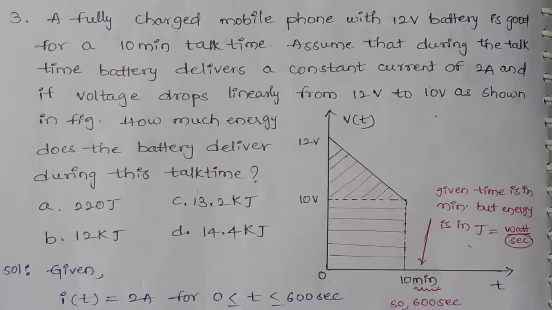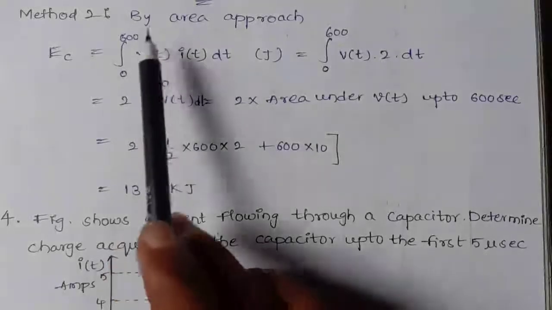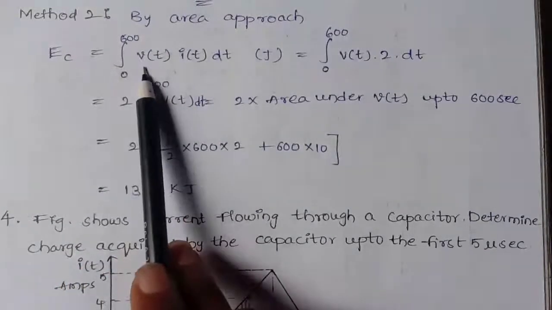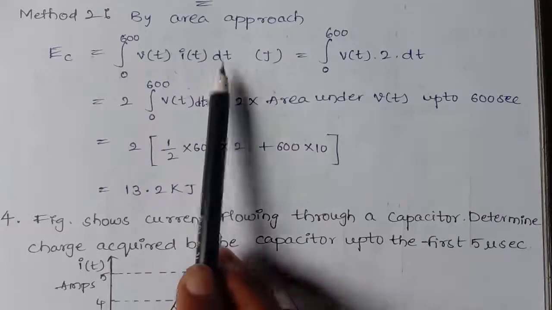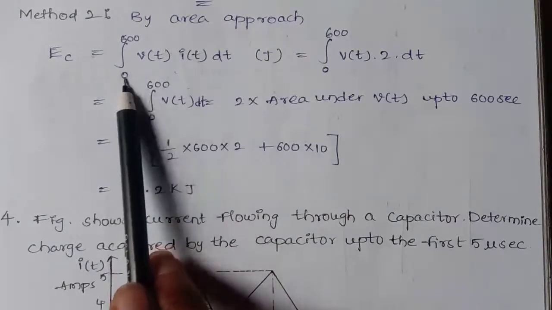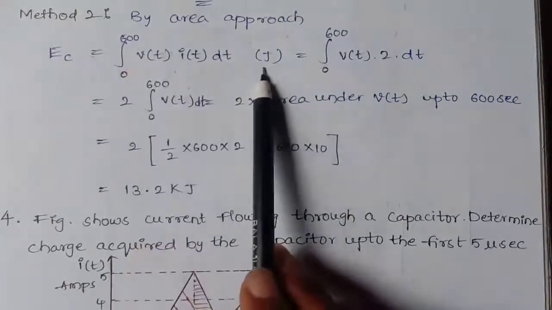Now look at the area approach. By this approach we can see that energy is nothing but the integration of voltage into current with respect to time. The integration limits are our talk time, that is 0 to 600 seconds, and the result is in joules.